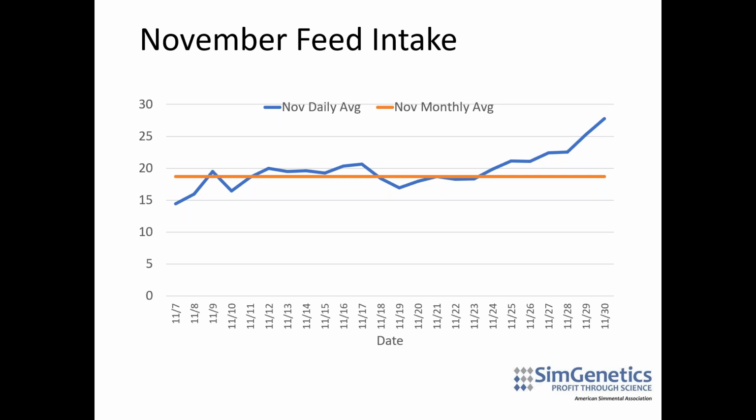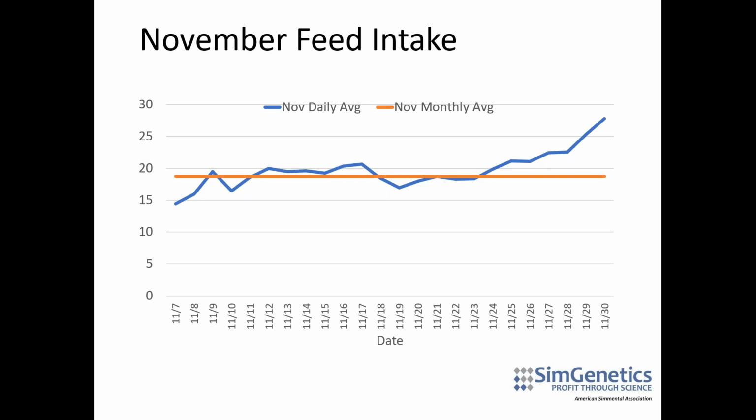Then if we look at the November daily average, that's the blue line. That's saying on November 18th, these 52 steers averaged this many pounds. And you can see over time that changes, right? Something to keep in mind that we do in the beef cattle industry, always, always, always, not just in nutrition, is we manage for the average.